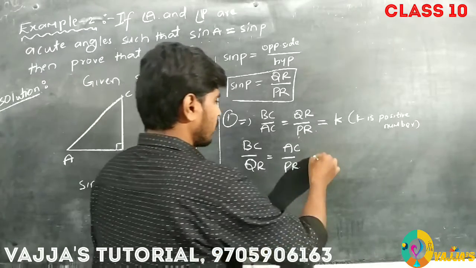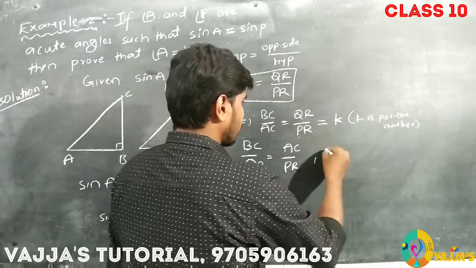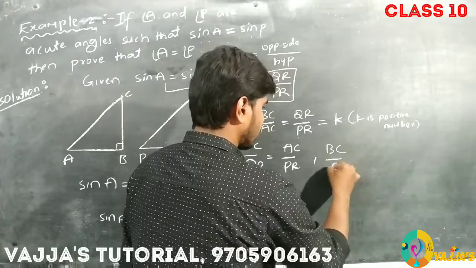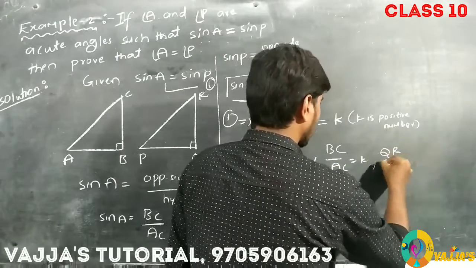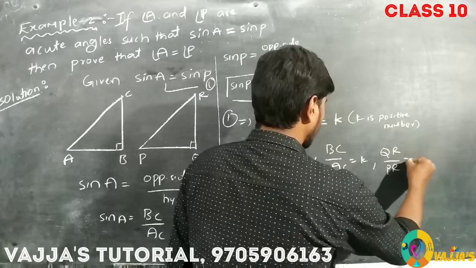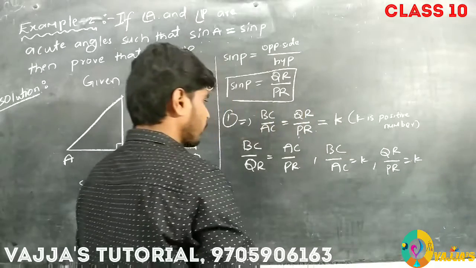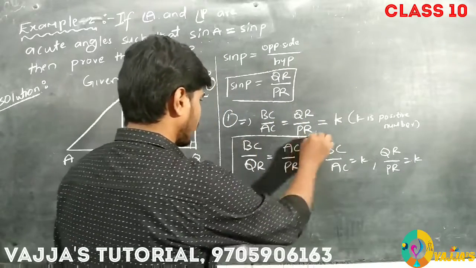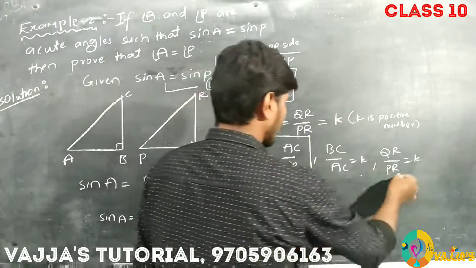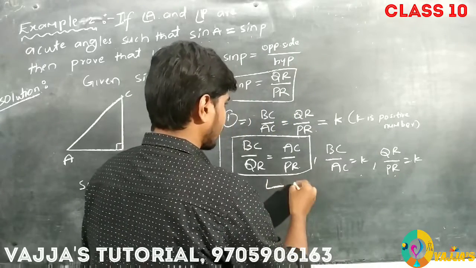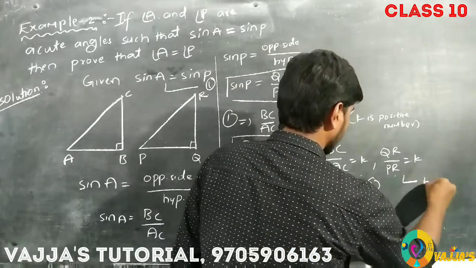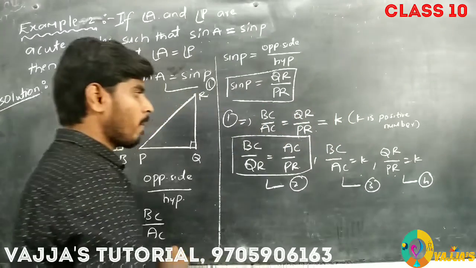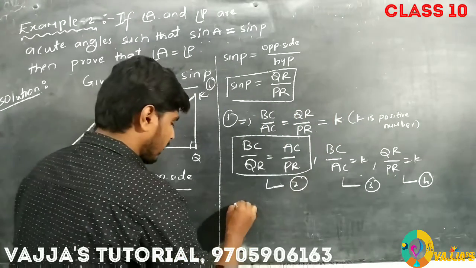Next, what can we write? BC by AC equals K and QR by PR equals K. Consider it is equation 2, equation 3, equation 4.